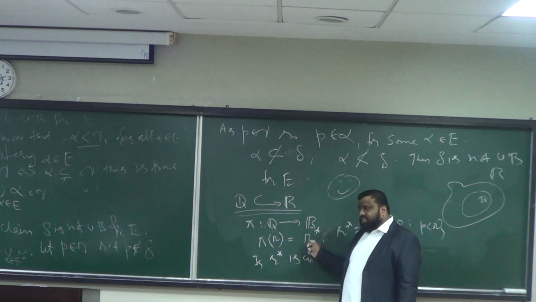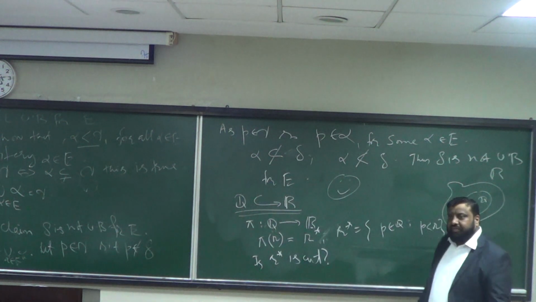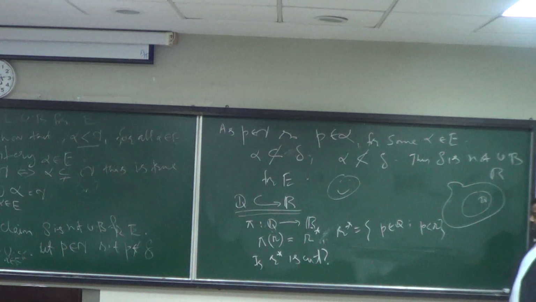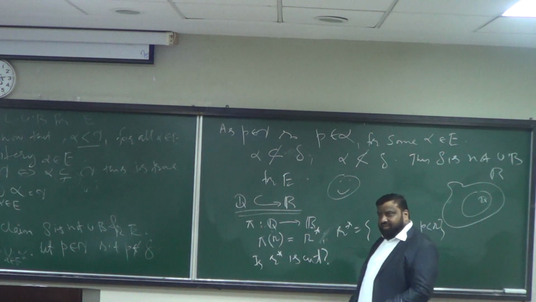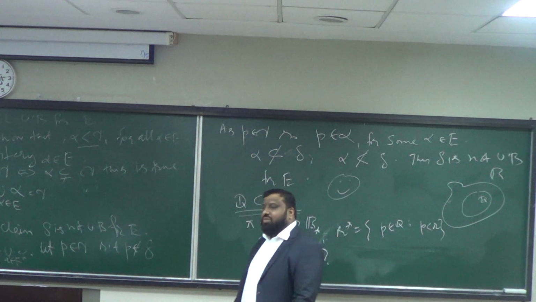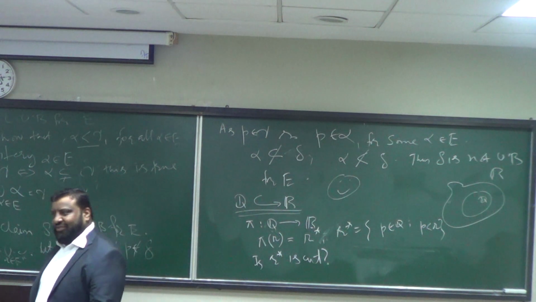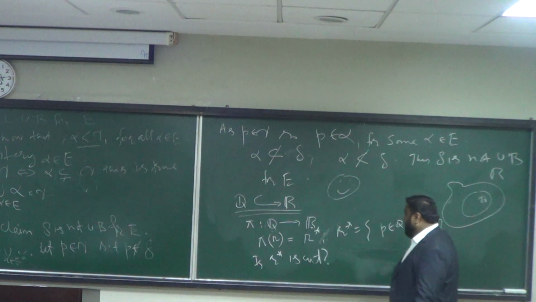Okay, so we've shown that yes, we do have a cut. So we take two equal elements from Q, and we show that the images are also equal. So now we need to show the uniqueness. Okay? So you see, we are defining things, but we are justifying them. You need to be very careful about your argument.